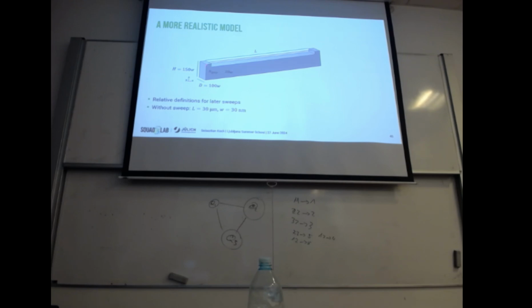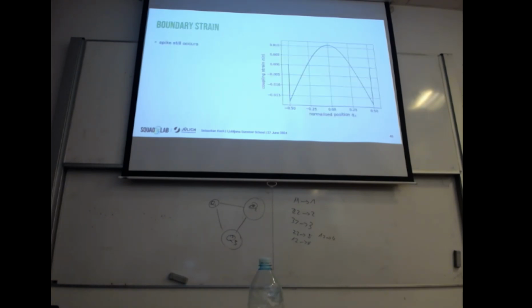You see that now the boundary is actually also modeled. For the meshing part, which is a bit annoying, you have to make sure that it's really fine at the boundaries, which is not always done automatically. So the result is that the strain looks like this.